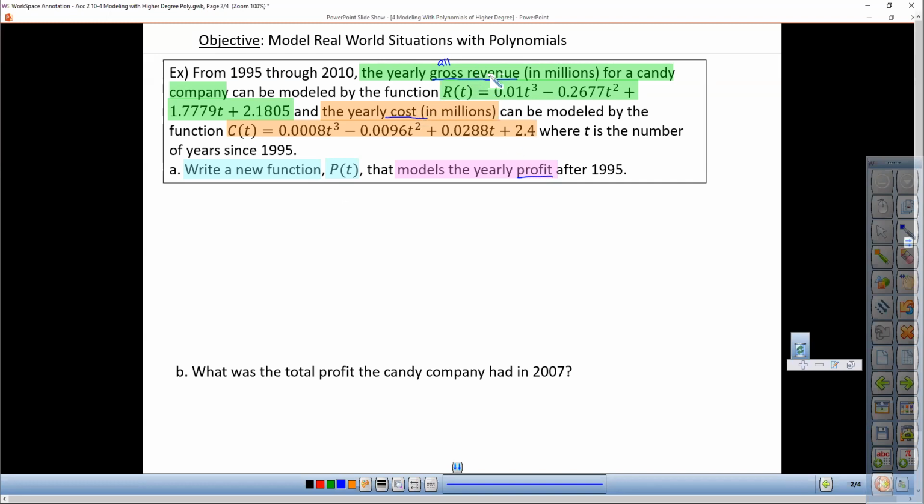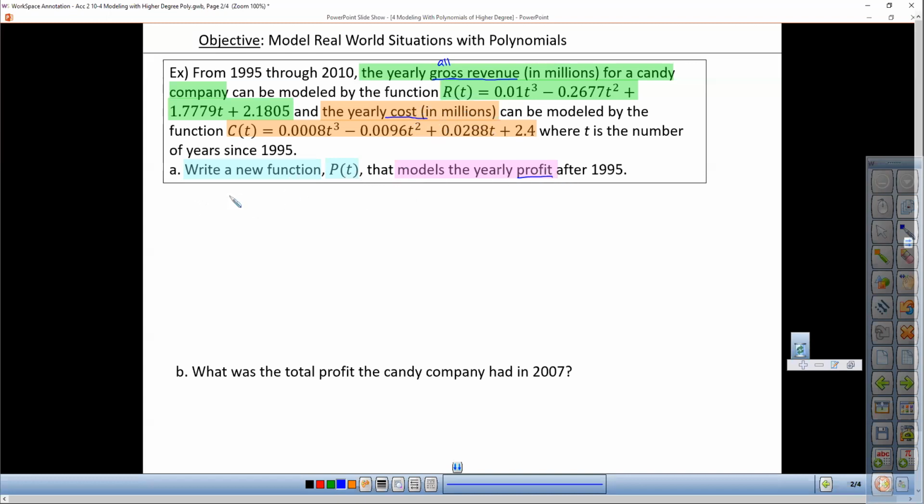So what is true about profit related to revenue and cost? Revenue is like all of the money that the candy company made from selling their candy. And cost is all of their bills. Profit is what we define as the money that's left over after all the bills have been paid. And the bills are the costs.